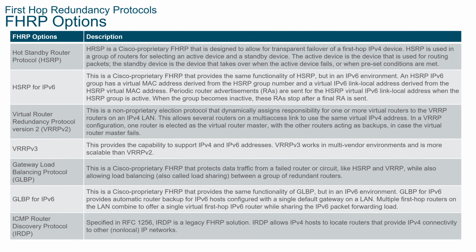If you look at FHRP options, here's a summary of that provided to us by Cisco in one single table. For your exams and quizzes, it is very important you understand all of these, in at least this much detail. Even though in this class we do not go into depth on VRRPs, GLBPs and IRDPs, for example, you still need to understand that these do exist, what the differences are, and which of these are Cisco proprietary and which are international standards.